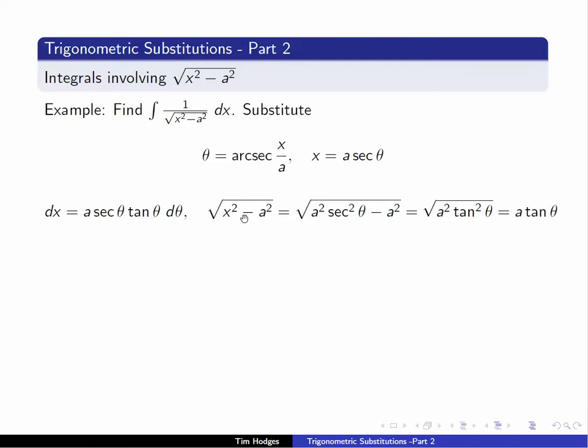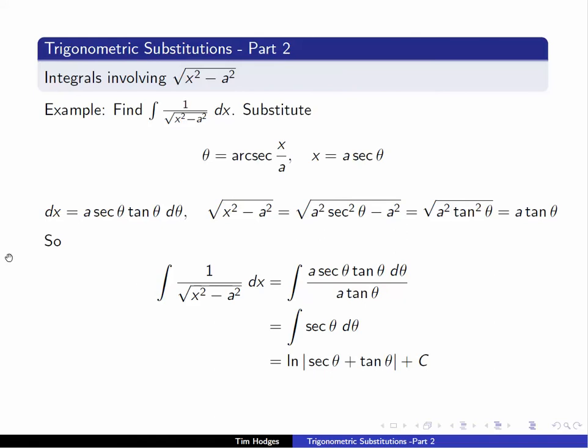And this square root, x squared minus a squared, is the square root of a squared secant squared theta minus a squared. So that's a squared times quantity secant squared minus 1, and secant squared minus 1 is tan squared. So we replace the term inside the square root by a squared tan squared theta, and then the square root of that is a tan theta.